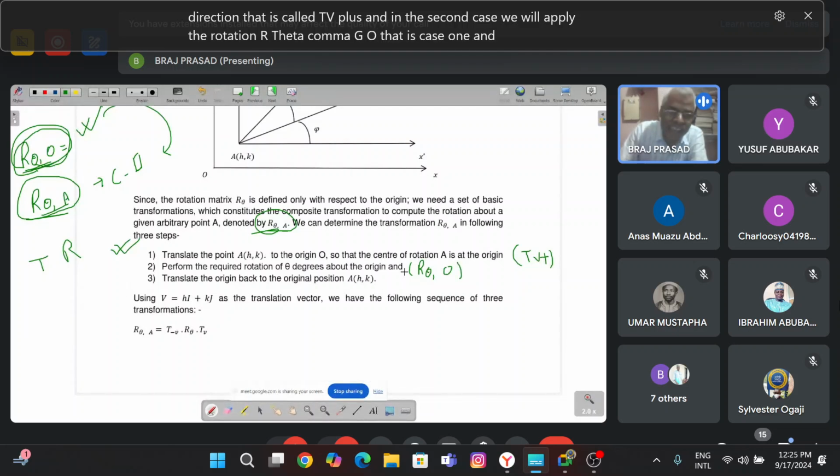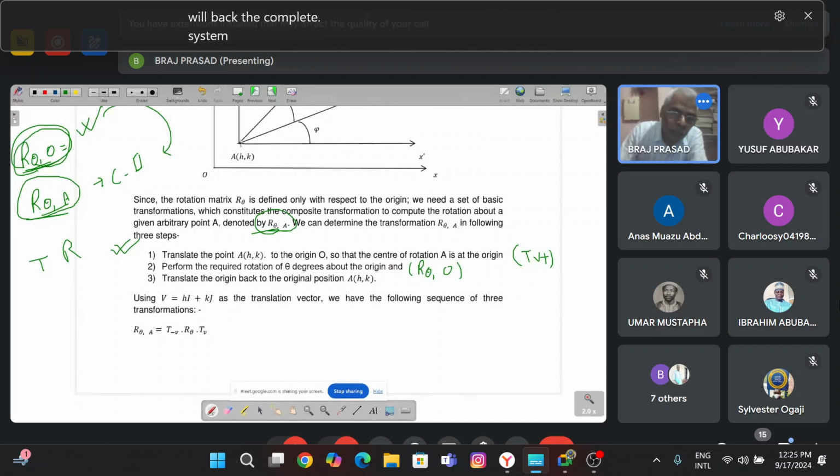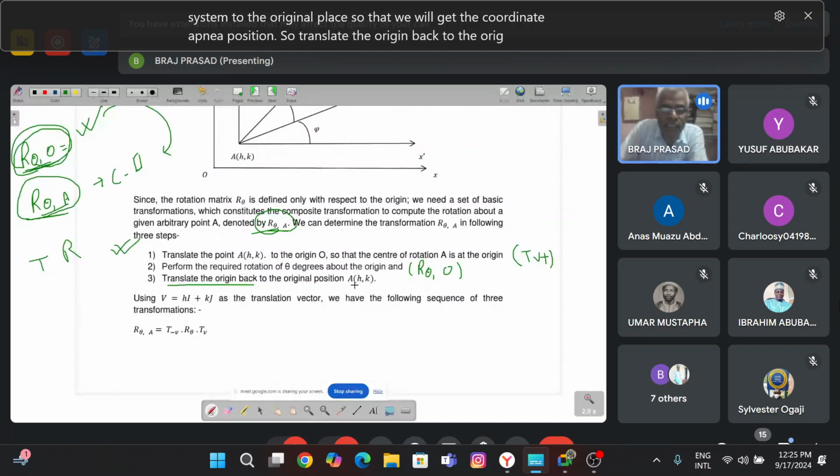And after rotation we move the complete system back to the original place, so that we will get the coordinates of the new position. So translate the origin back to the original position, that is A(h,k). And this is the concept of translation vector in the negative direction. This is our positive concept, this is our negative concept.